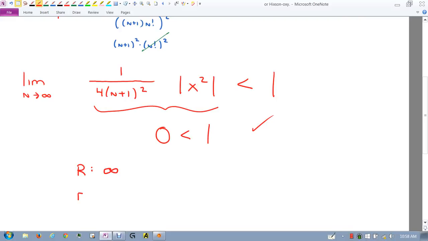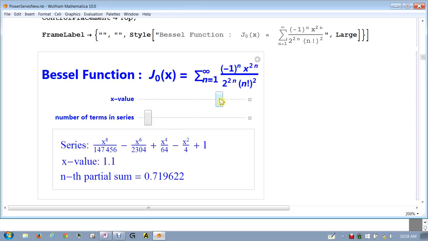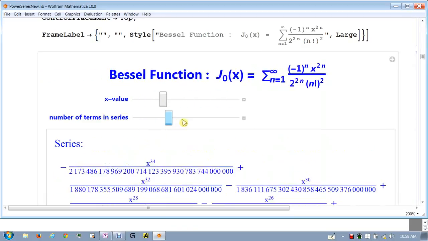And the interval of convergence, which is equivalent to saying the domain of this function, is what? Negative infinity to infinity. Hey, this function is defined everywhere. It's a Bessel function. That's kind of why it's a great one, because it has an infinite domain. So you want it to behave all the time, and it behaves well all the time. So if I were to come back to this and plug in different x values, it wouldn't matter, would it? Any x value I pick, when I start going out on this, it's going to converge.